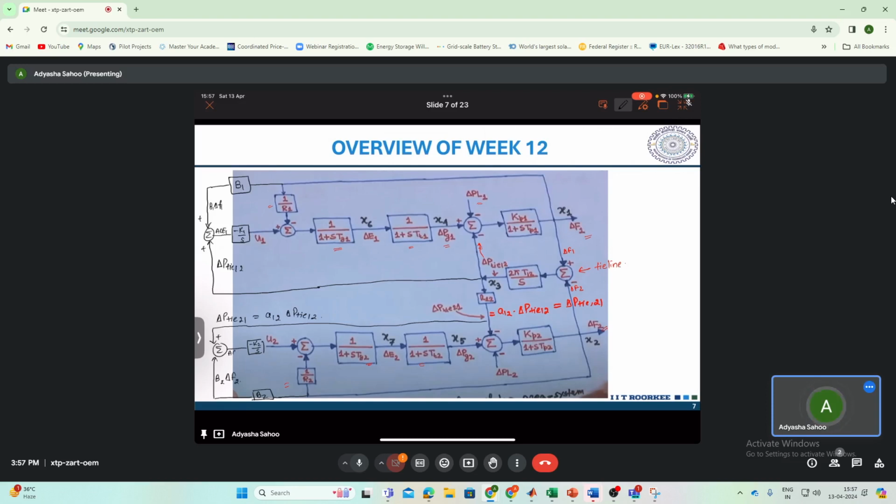This is your ACE2. So this is the tie line frequency control diagram.